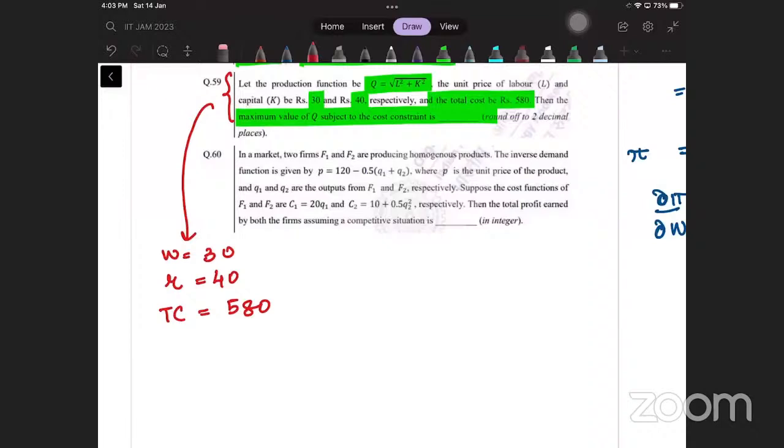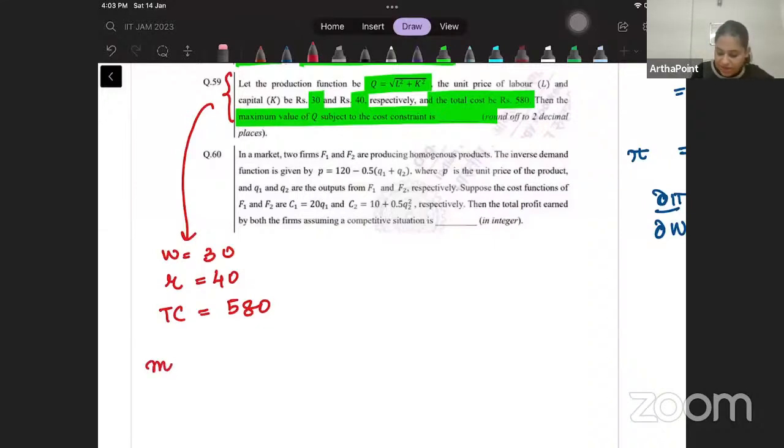And they're asking you to go ahead and maximize the value of Q subject to the cost constraint. So zara bahut aasan hai. So I will just write my function here.